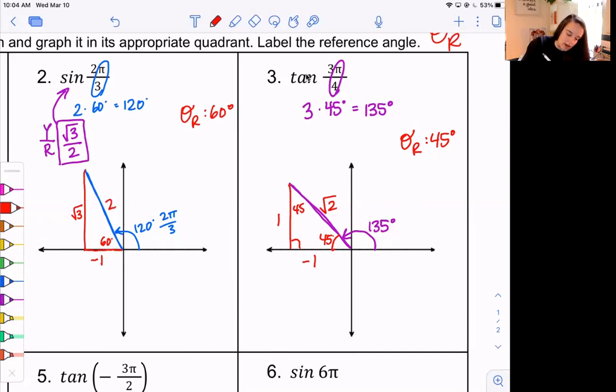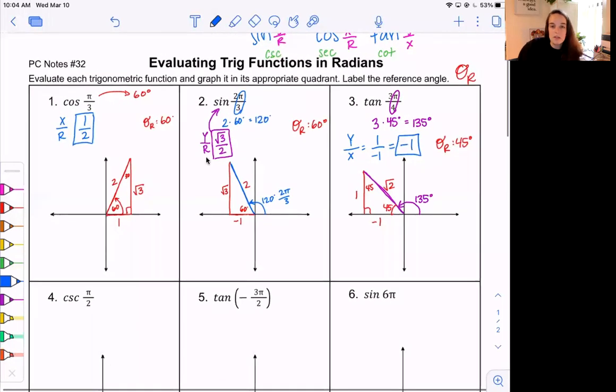Tangent is y over x. So I'm thinking here, okay, I have y is 1, x is negative 1. So when we simplify that, we're going to get negative 1. So the tangent of 3 pi over 4 is negative 1. Awesome. So far, this has been very similar to what we've done in the past.